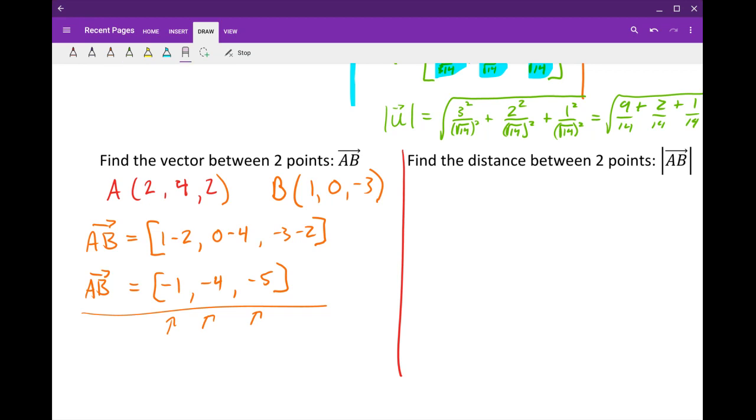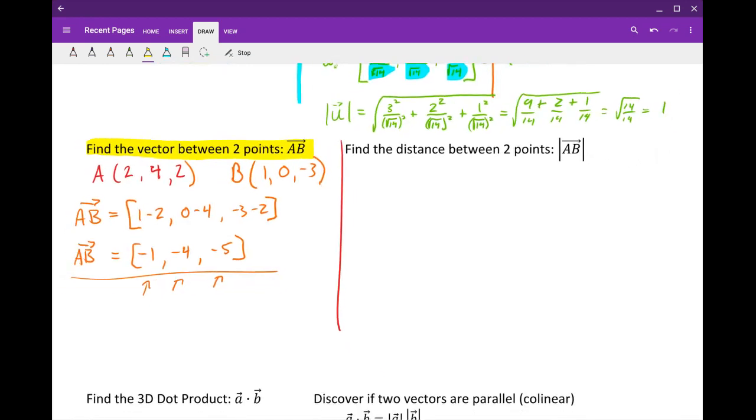Finding the vector between 2 points is going to be extremely important next unit when we're talking about intersections of lines and planes and distance between points and different geometric shapes in 3D, which is basically the focus of chapter 8. We focus on lines, planes, and points and how they intersect, how far they are from each other, and different various things.